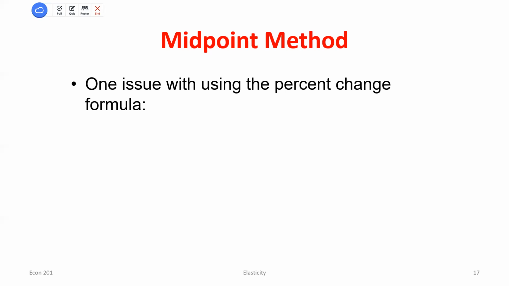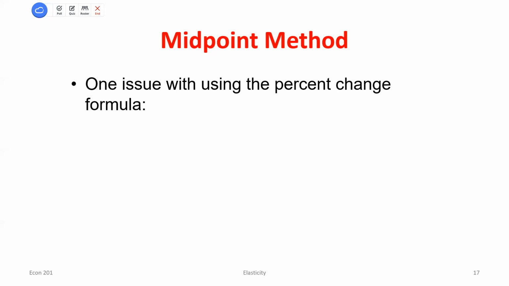But I can imagine there is a demand curve and I'm moving from a price of $1 to $2. There's going to be some quantity demanded at each one of those prices. So I'm really on this portion of my demand curve, moving from $1 to $2. Well, the problem is, what if I move from $2 to $1?